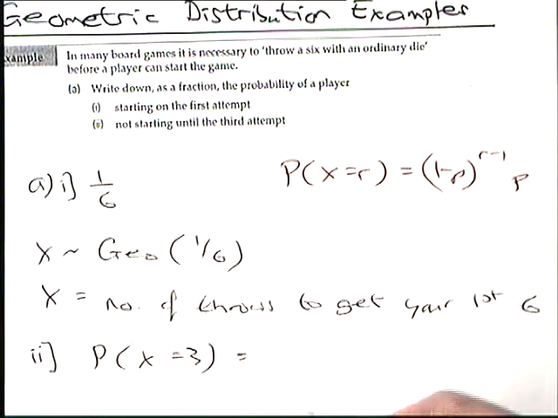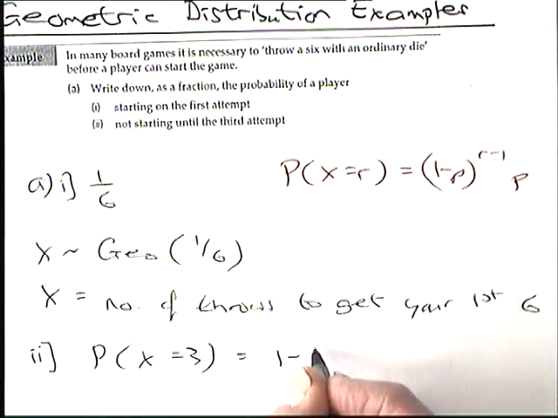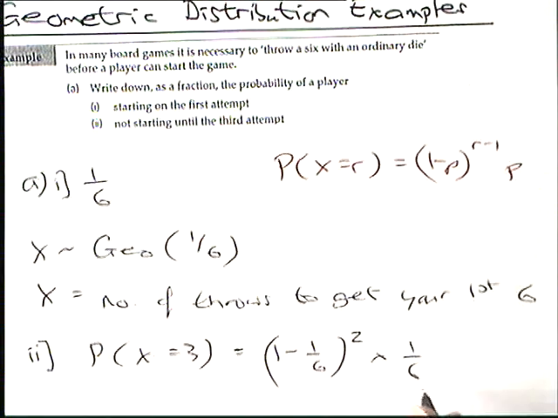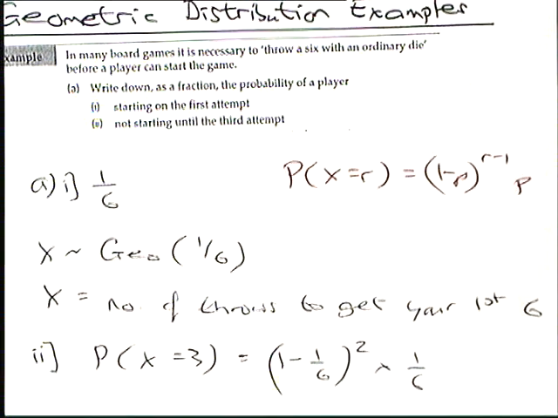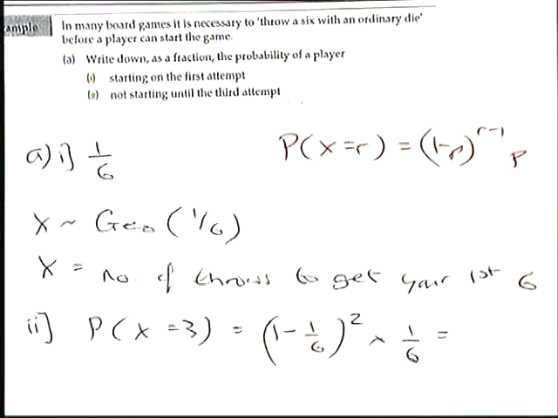So over here, if we use that formula, we've got our probability of success. What calculation will I be writing down here? 1 minus 1/6, to the power of 2, squared, times 1/6. Yeah, that's right. My failure probability to the power of 2, and then times 1/6. I can see some people tapping away on calculators already. 0.195.